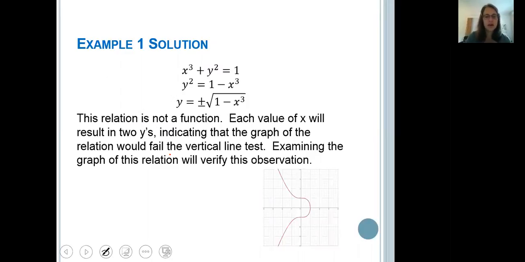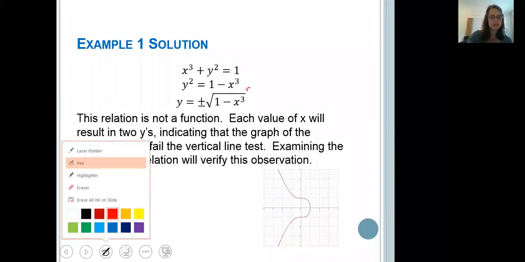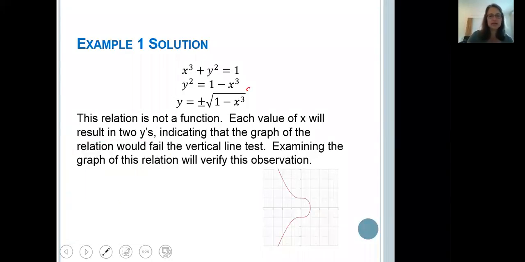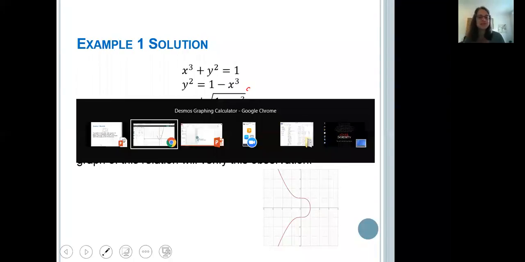And when we get to this step right here, where we've isolated the y squared and now we're going to take the root, we remember we need to take the positive and negative root. That's a huge clue. If you have to take a positive and negative root, this relation is not going to be a function. Let's take a look at the graph of this relation on Desmos.